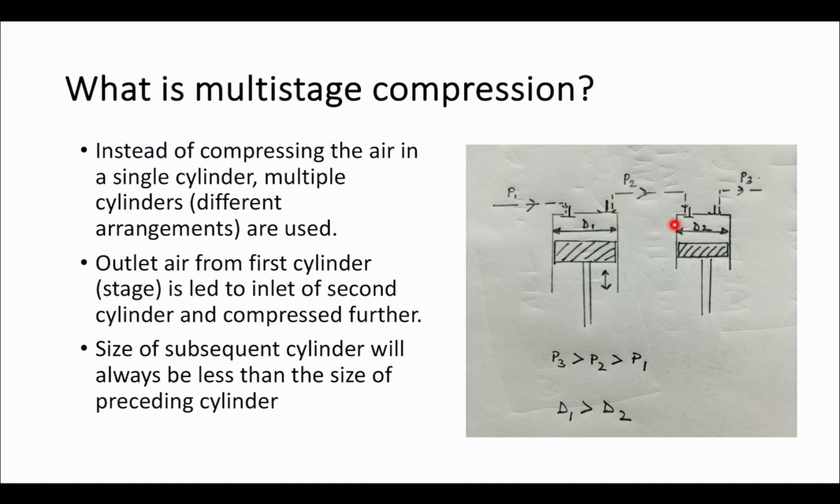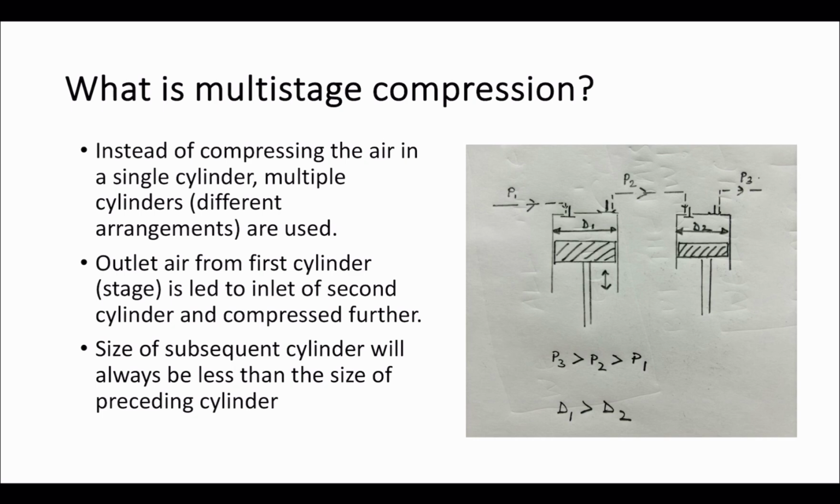Now if the second cylinder uses the same dia, or a larger dia, then we are allowing the air to expand again during the suction stroke, but that is our loss, because then we are allowing the air to expand again and then we are going to compress it again. So we will not be reaching the ideal value that we need.